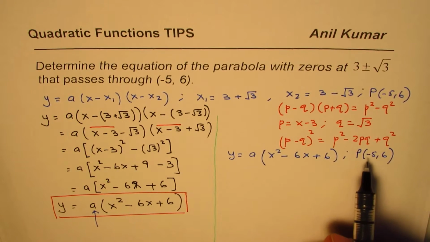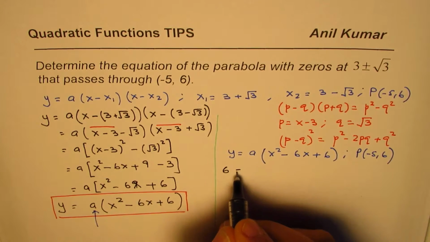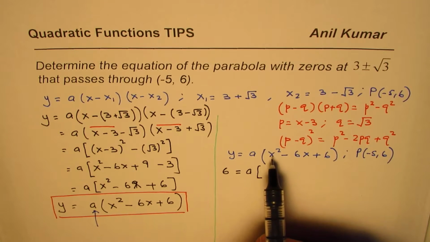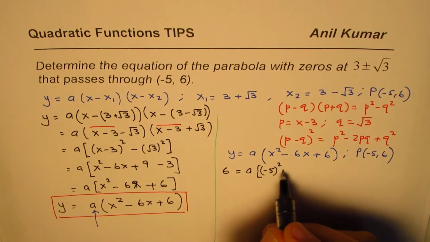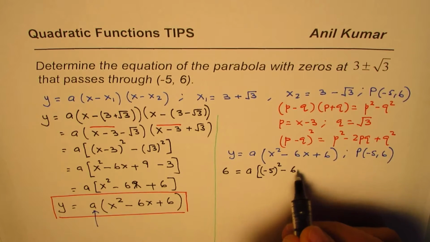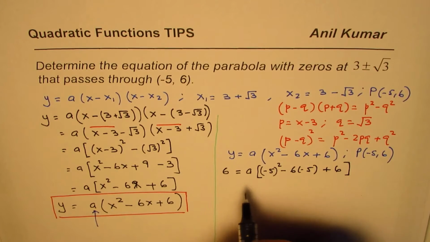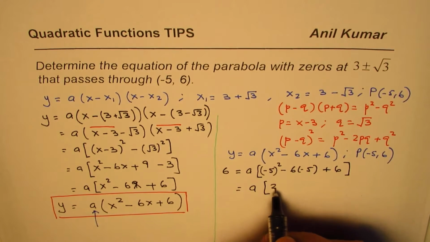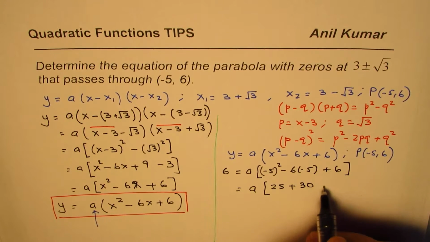When we substitute, 6 is the y value, so 6 equals a times, let me again use the square brackets, x is minus 5, so minus 5 squared minus 6 times minus 5 plus 6. So that gives us a times: minus 5 squared is 25, that makes plus 30, and then plus 6.